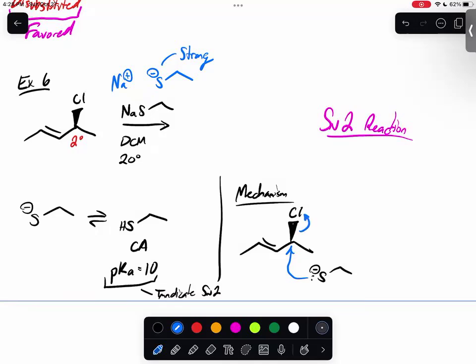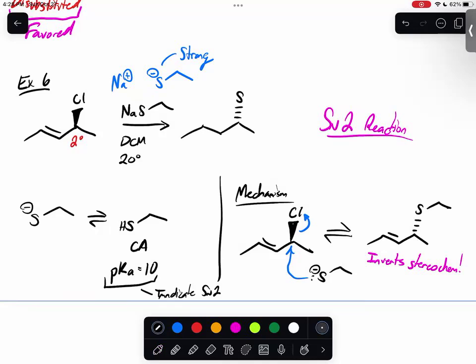And the one thing that we really need to keep in mind about our SN2 reaction is it does invert the stereochemistry, because it does a backside attack. So keep that in mind when you're drawing the products, because if you don't, it's going to be incorrect. So it inverts our stereochemistry here, which means where we draw our product, it should have the thioether on the dash.